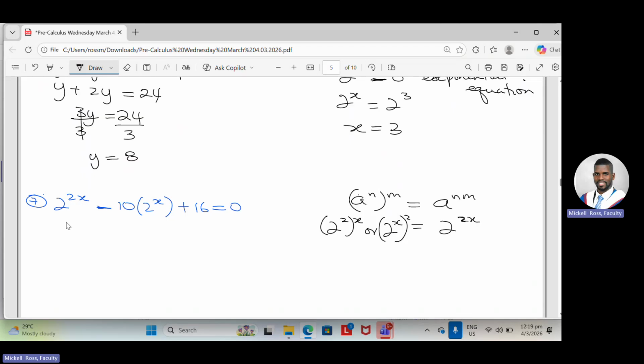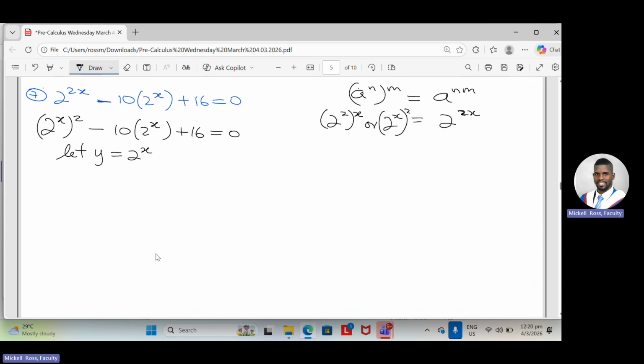So this can be rewritten as 2 to the x squared minus 10 times 2 to the x plus 16 equal to 0. Let y equal 2 to the x. All right, so let's go ahead and see if we can simplify this now. We're going to have y squared, because now this is y and it is being squared, minus 10 times y plus 16 equal to 0.